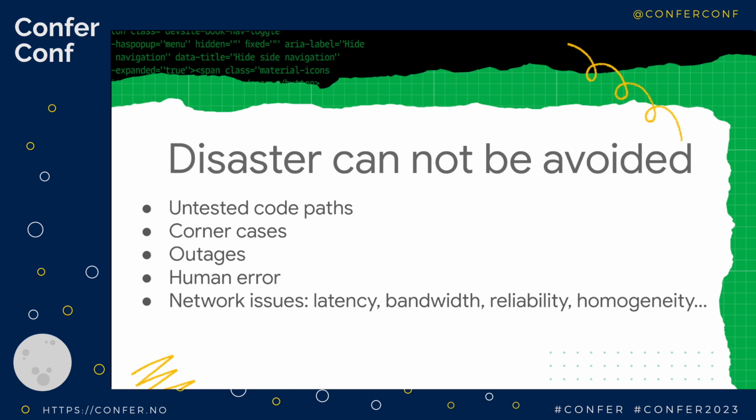But sometimes we are not going to take all the corner cases into account. Maybe there is something that we are not testing properly. It can happen that there are outages. At some point, an environmental disaster, for instance, can happen near a data center, and that data center can have a flood or whatever.